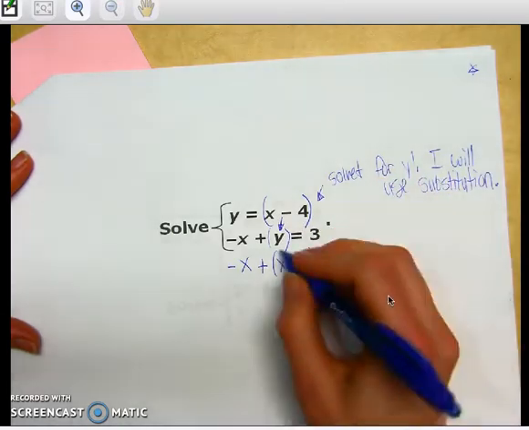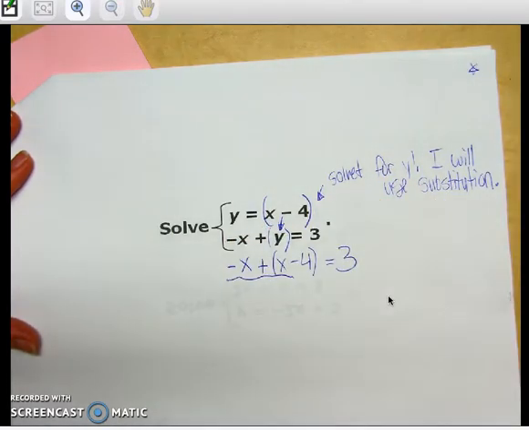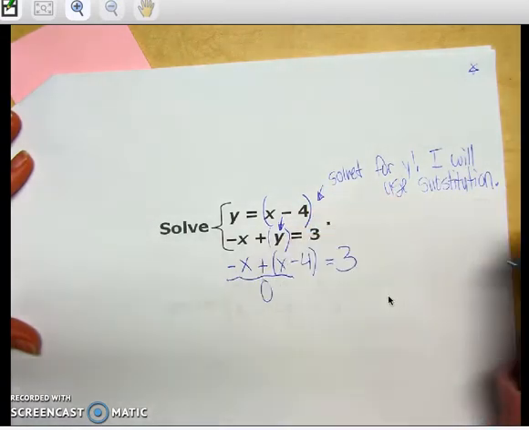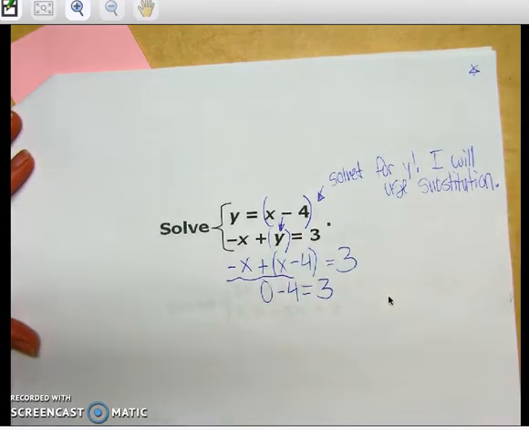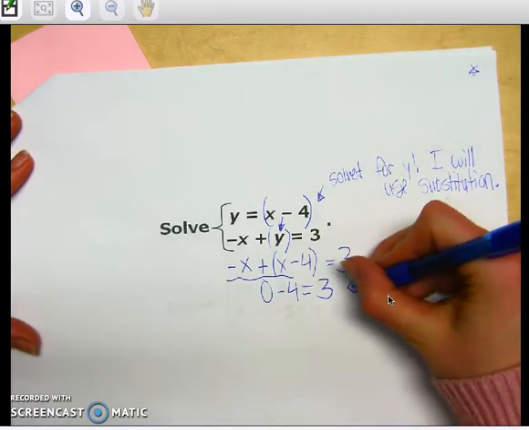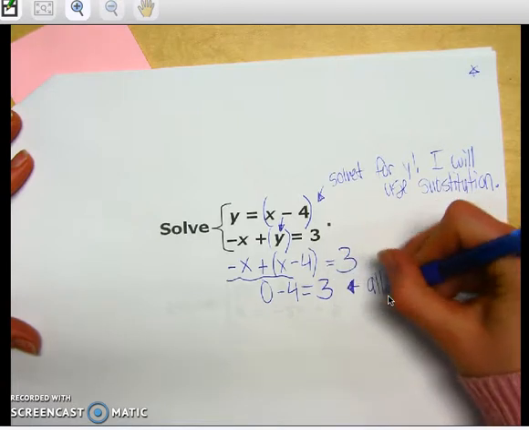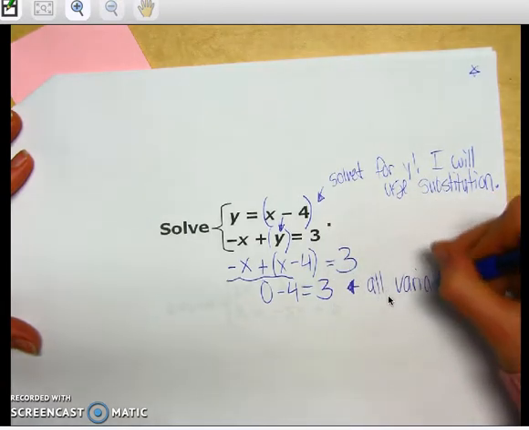When I do that, I'm going to combine like terms. Negative x plus x is equal to 0. That's kind of weird, right? In this case, all variables canceled.